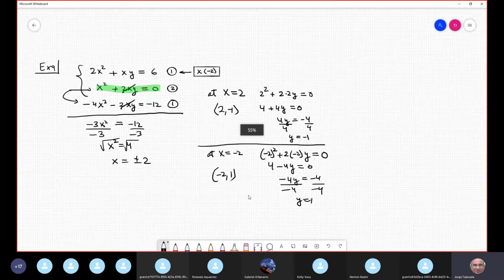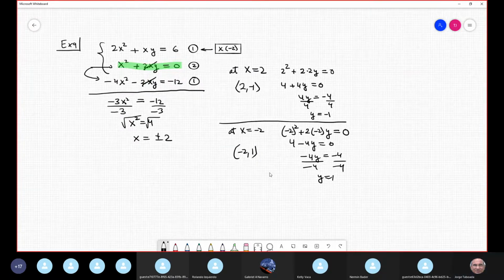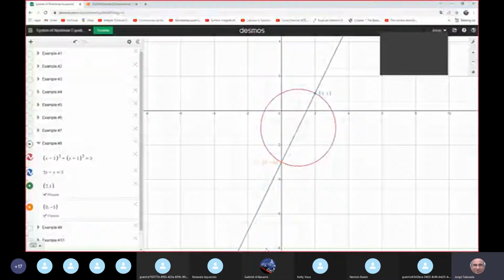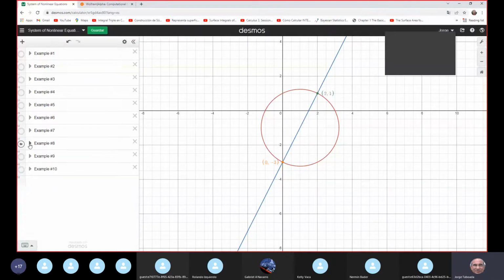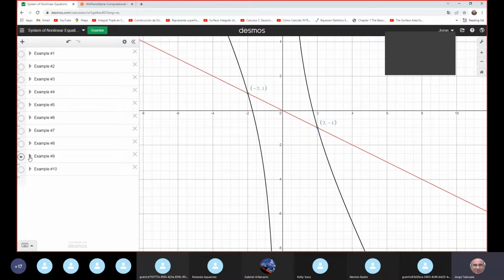Let's verify this in decimals. Actually, let's try Desmos. Switch into Desmos. Okay, it's example 9, no? Look at that.